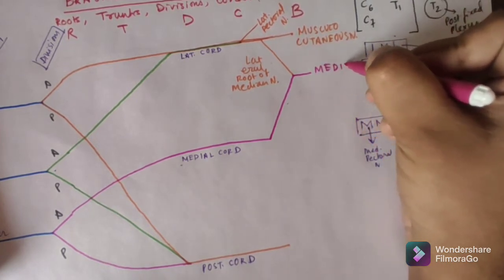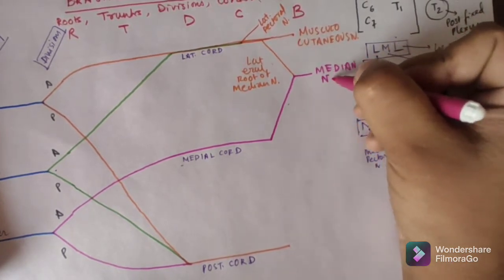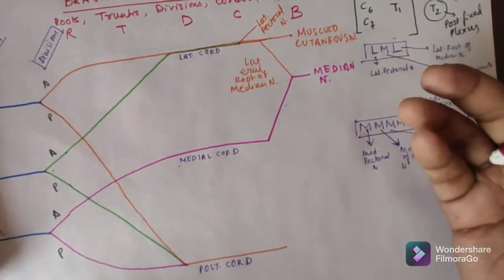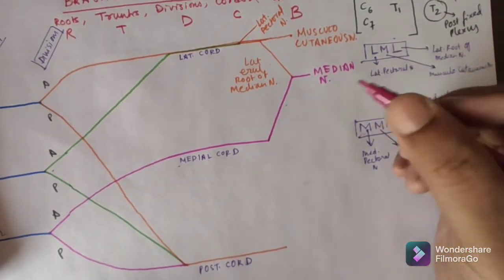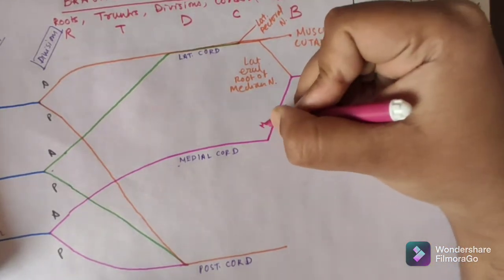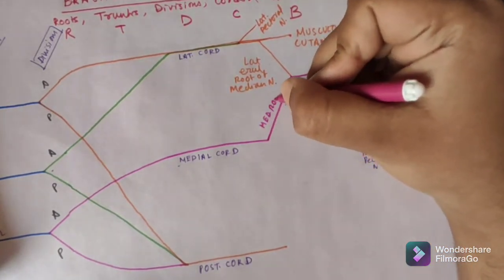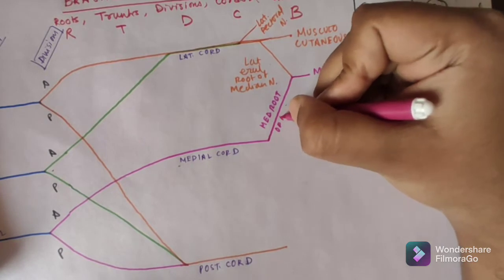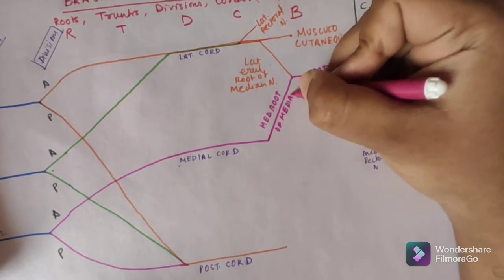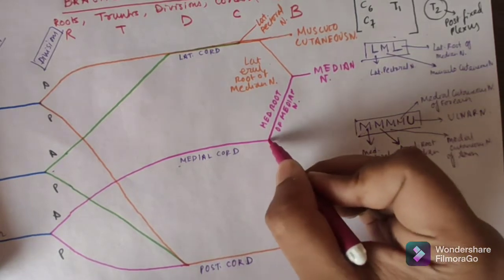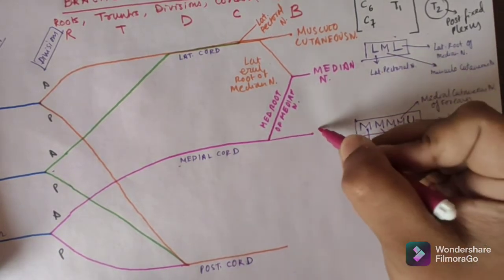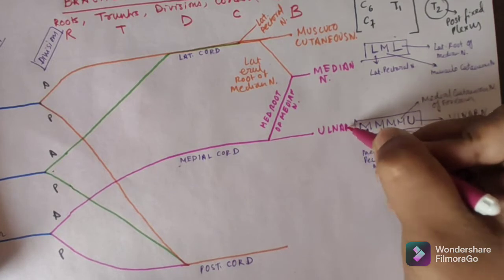So this is the main median nerve, which supplies most of the muscles in the anterior aspect of the forelimb. Okay, so this is the medial root of median nerve. Okay. Now there will be one more branch which is the ulnar nerve.